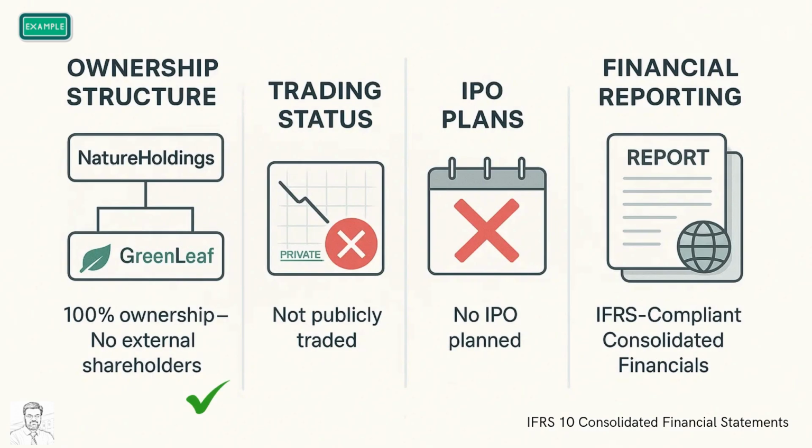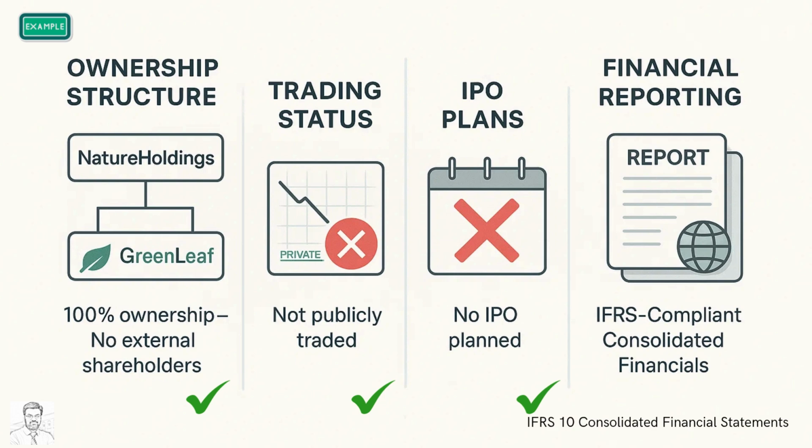Well, let's test it using the 4 conditions in IFRS 10. Condition 1, is Greenleaf a wholly owned or partially owned sub, and have the other shareholders been informed and not objected? Yep, they're fully owned, so no problem there. Condition 2, are Greenleaf's shares or bonds traded in a public market? Nope, they're not listed on any stock exchange, not even on a regional one. Condition 3, is Greenleaf filing or planning to file its financial statements with any regulator to go public?